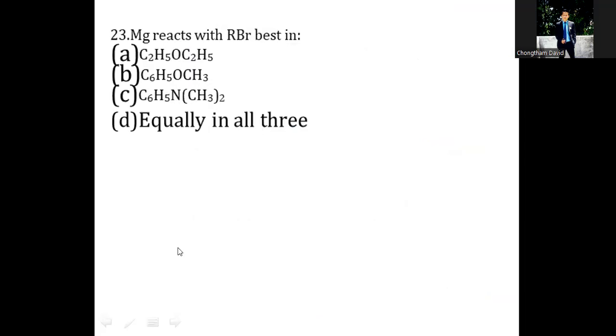Question number 23. Magnesium reacts with bromoalkane base in... Although all the three compounds can be used for preparing Grignard's reagents, diethyl ether is considered the best because it provides electron pairs to the magnesium of the reagent fully for coordination.